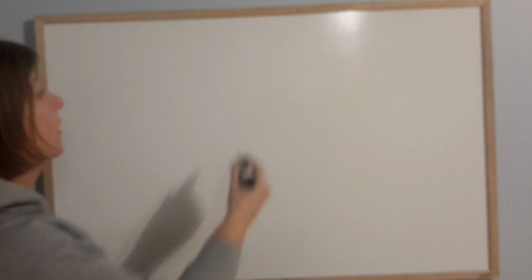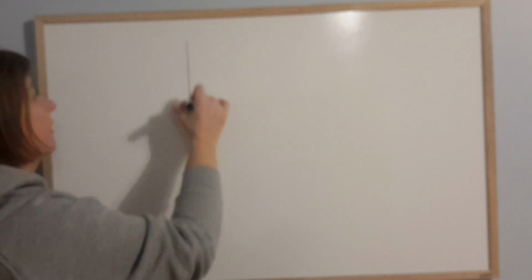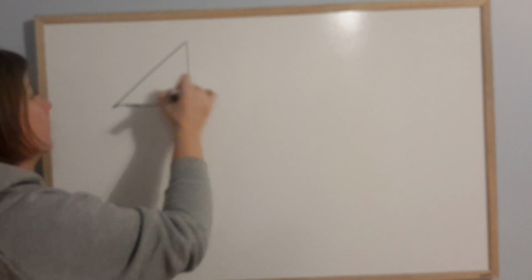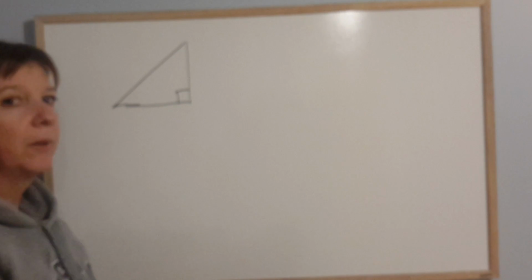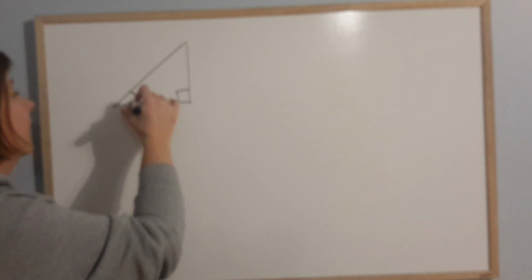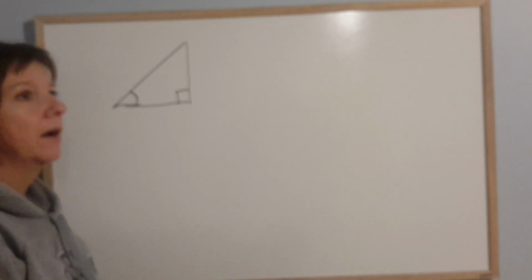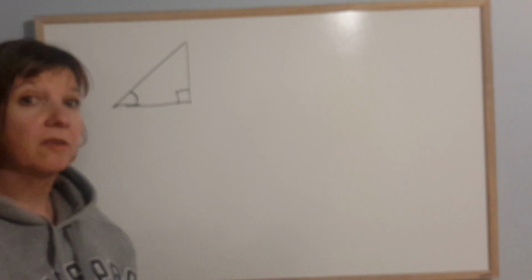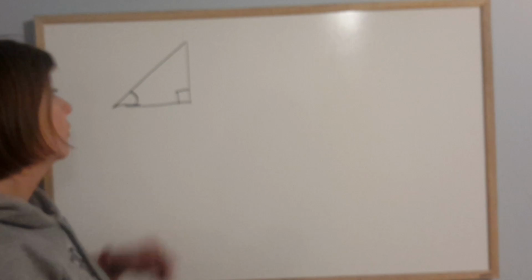I said the other day in class that by doing lots of experimentation, they found that this angle, based on the ratio of one side to another side, would be the same thing.